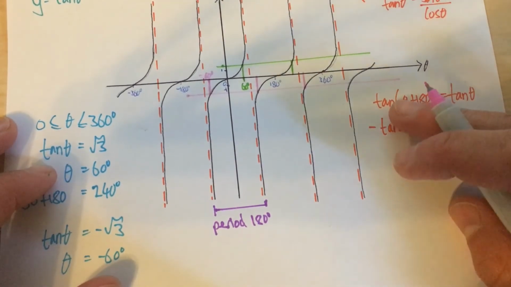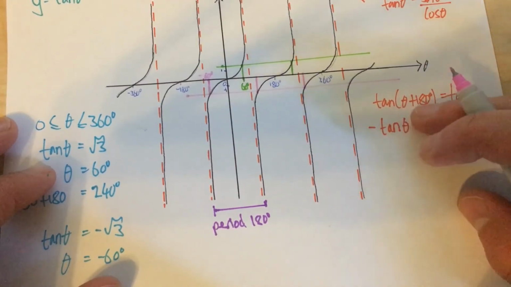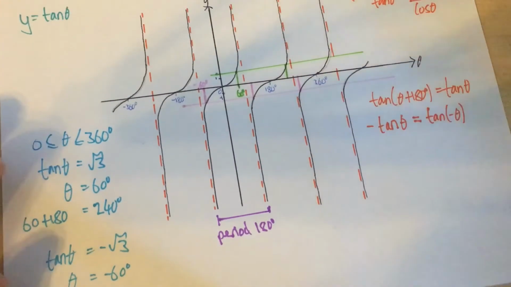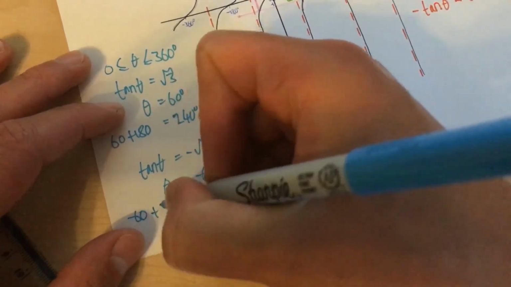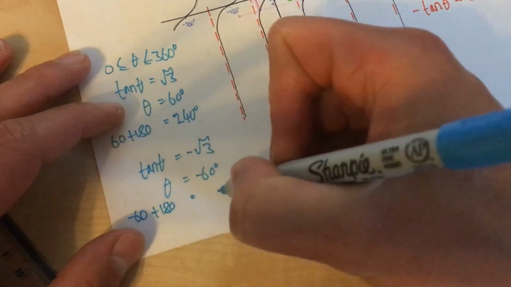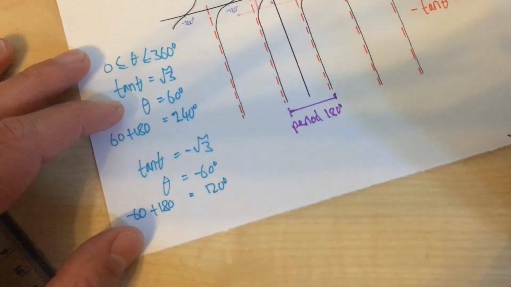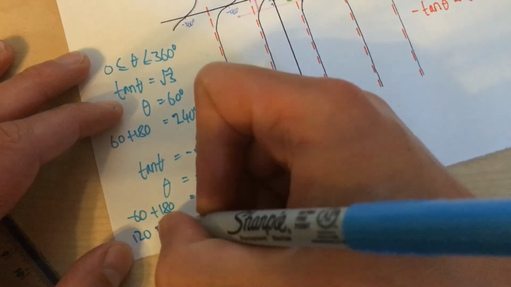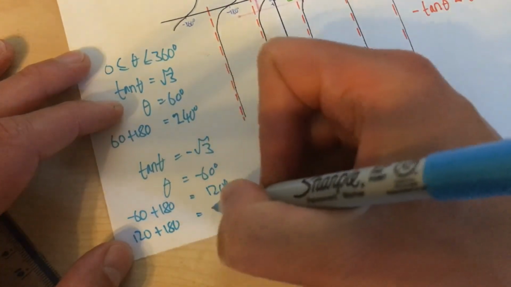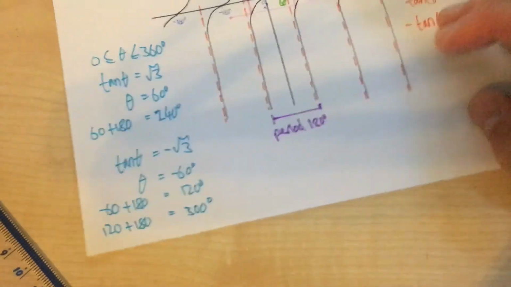And like we said last time, it has a period of 180 degrees. So to find the other solutions, I'm going to do minus 60 plus 180, which is 120 degrees. And then I'm just going to do that again. This time starting at 120 plus 180 equals 300 degrees.